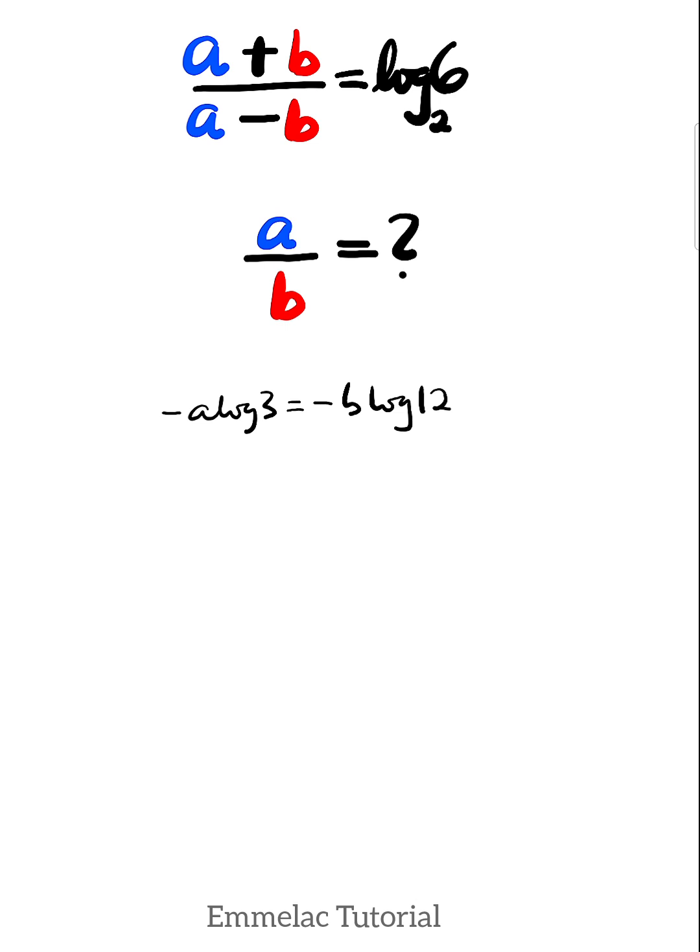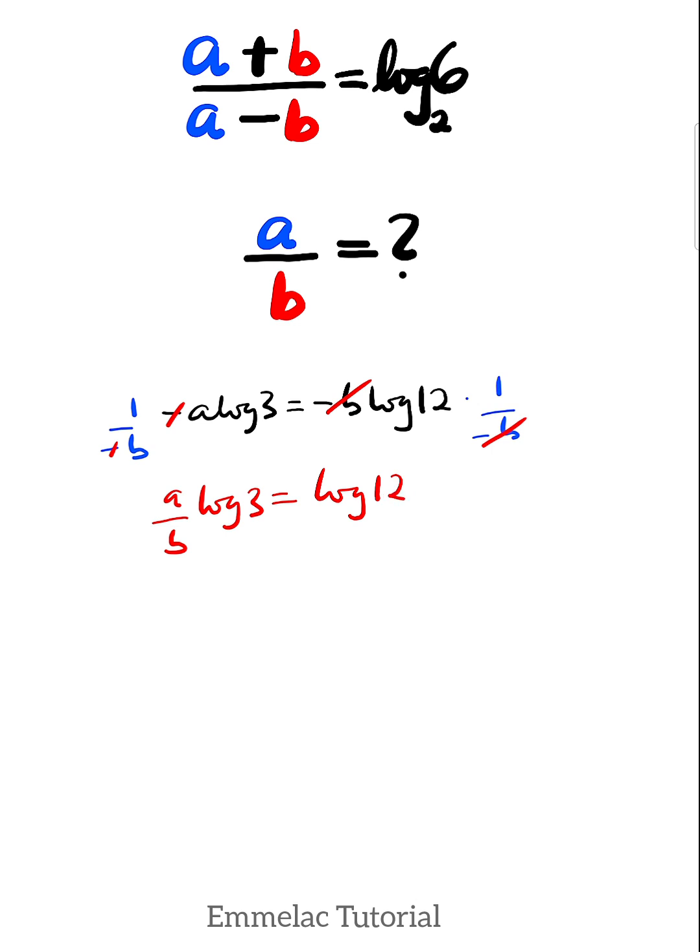So we have 1 all over negative b here, and also times 1 over negative b here, where this negative clears off this negative, so we are left with a over b times log 3 equals log 12.